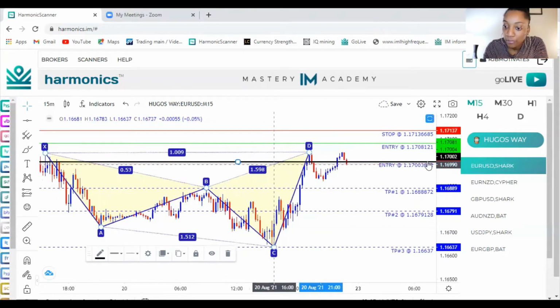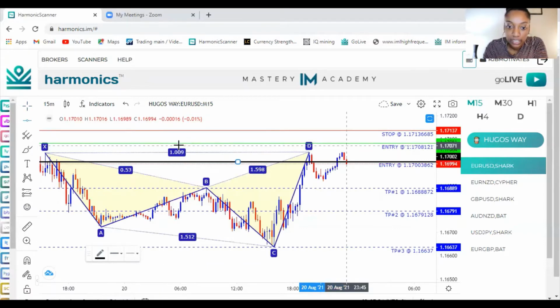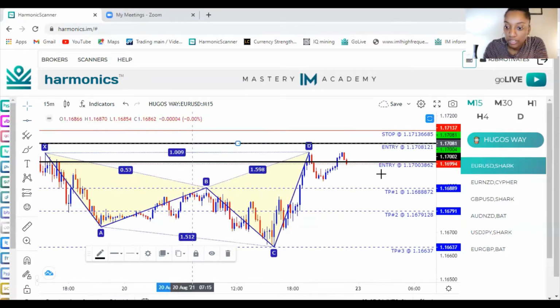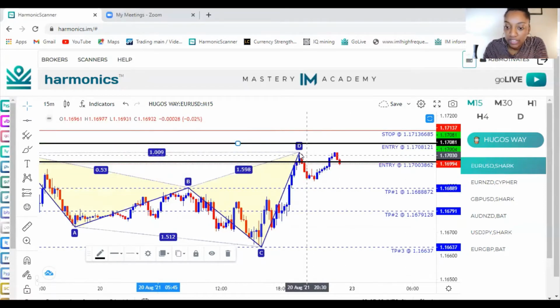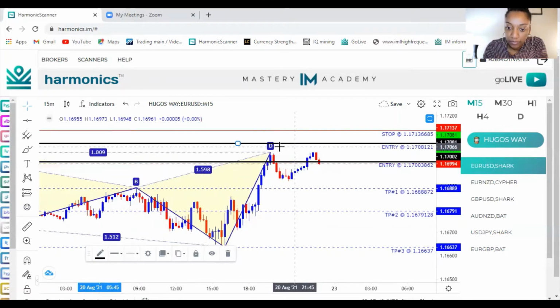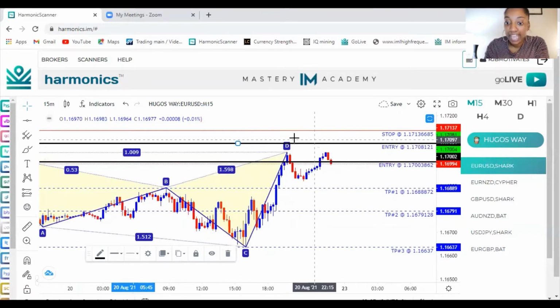So your entry point would be right here, 1.17003862, or the second entry point, which is this green line, where I will put a horizontal line as well. If price got up here, as you can see, it looks like the price has already started to make its move, or if it went all the way up here, which it looked like it was almost there, you could enter here.